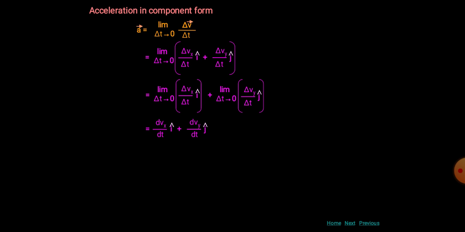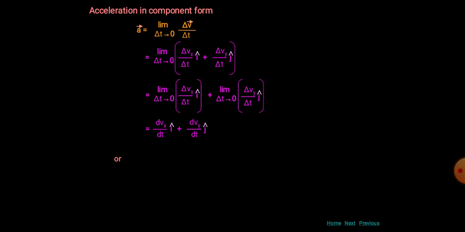You know that i cap is a unit vector along x axis and j cap is a unit vector along y axis, and limit delta t tends to 0 delta vx upon delta t is nothing but dvx upon dt, and limit delta t tends to 0 delta vy upon delta t is nothing but dvy upon dt.